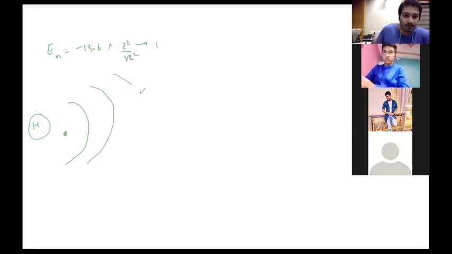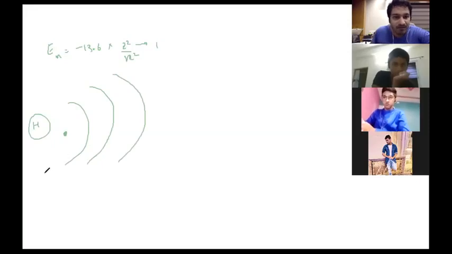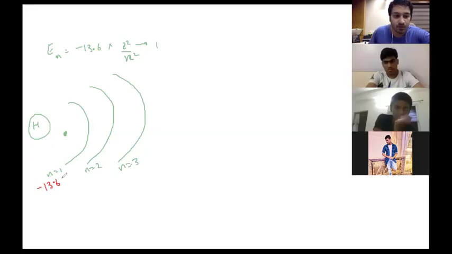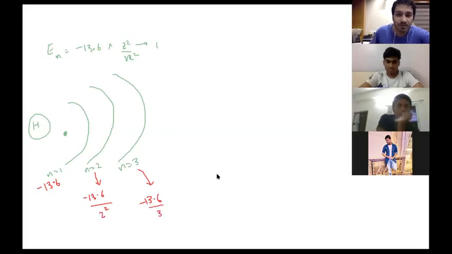Now, let's write down the energies for n equal to 1, n equal to 2, n equal to 3. The energy over here is minus 13.6 electron volts. The energy of the second orbit, if you look carefully, is minus 13.6 upon 2 square. The energy of the third orbit is minus 13.6 upon 3 square, upon 9, right?